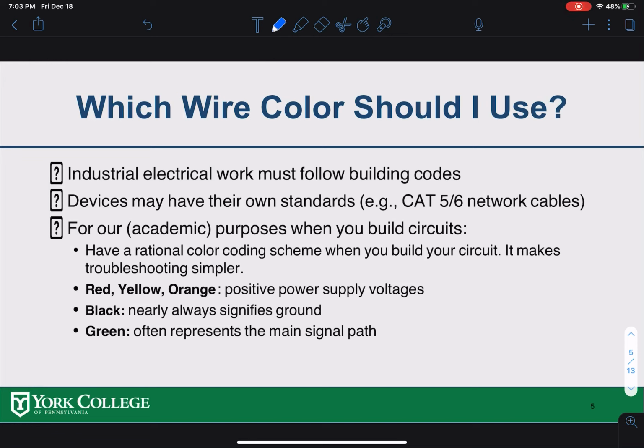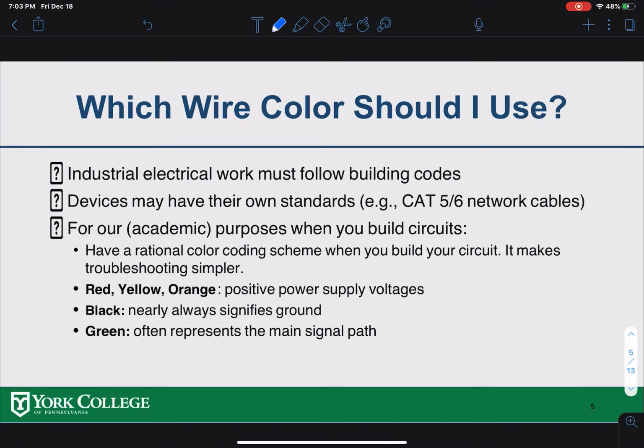So in your industry application, there's some color-coded wire out there that we use, like red, yellow, orange. Those are basically for positive voltages, and black is normally for negative or ground or reference voltages, and green represents the main signal path.